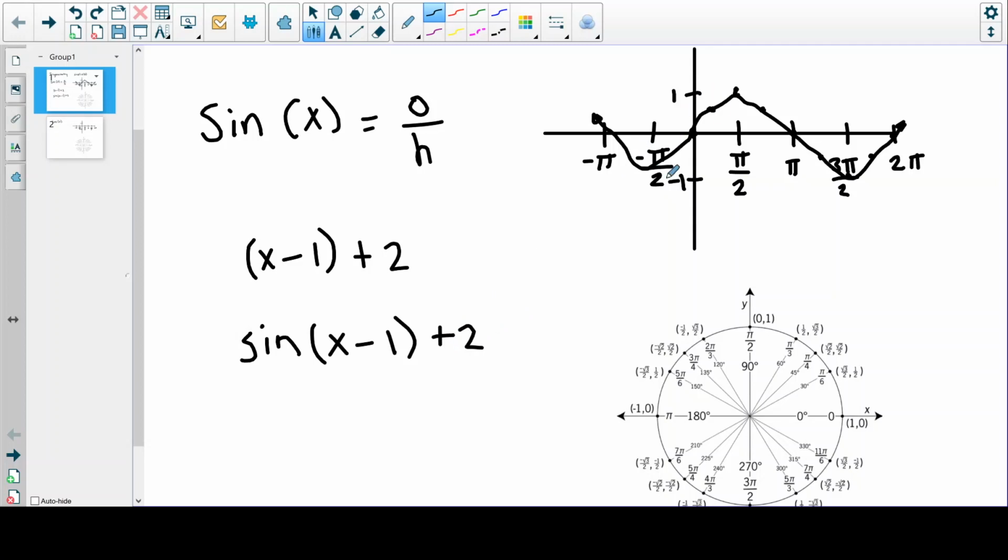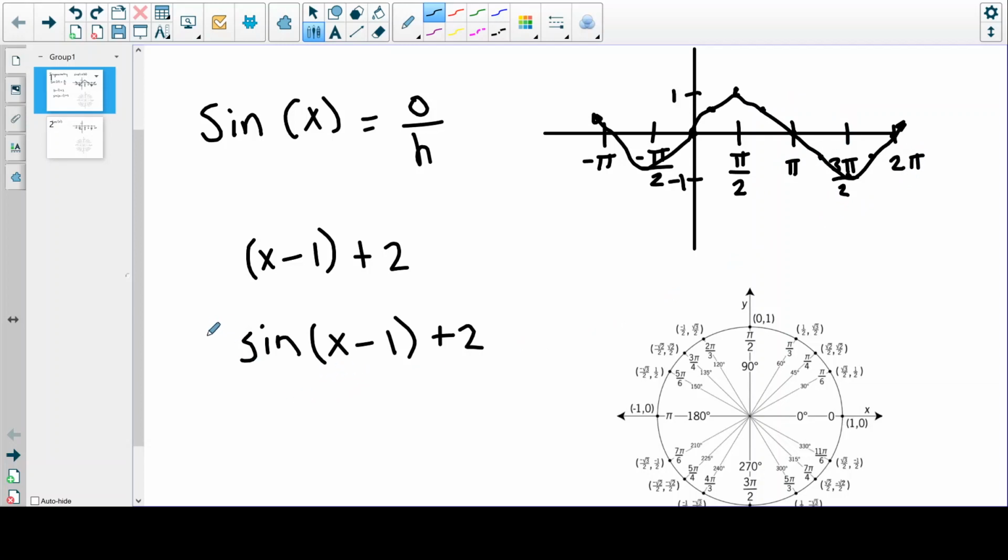The graph, as you see here, shifted up 2, and it's shifted to the right 1. So you can use sort of the center point here and shift it over. Now, we're going to get into some complicated things like periods, which is how wide or how many times the graph goes through, or how short the wavelength is within a certain period, like 2 pi.